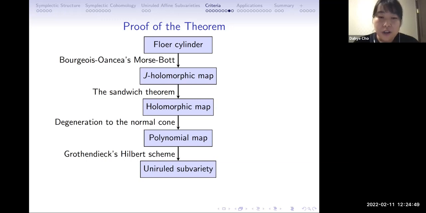And we can move our Morse function. Then we have a family of rational curves, and a family of rational curves makes a subvariety by Grothendieck's Hilbert scheme construction. So we get a uniruled subvariety.